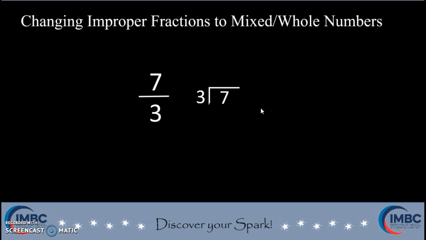So 7 divided by 3. 3 goes into 7 2 times. 3 times 2 is 6. 7 minus 6 equals 1. Your remainder 1 becomes your numerator for your fractional part. And then your denominator is your original denominator that we started with over here. And that simply becomes the denominator for the fractional part of your mixed number, 2 2/3.